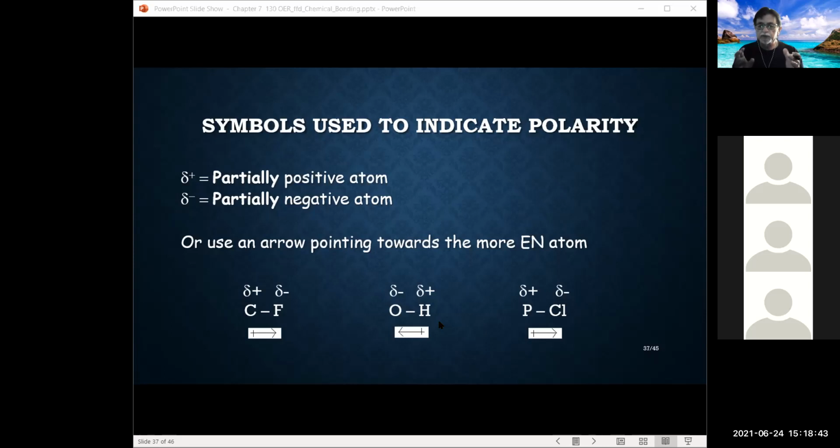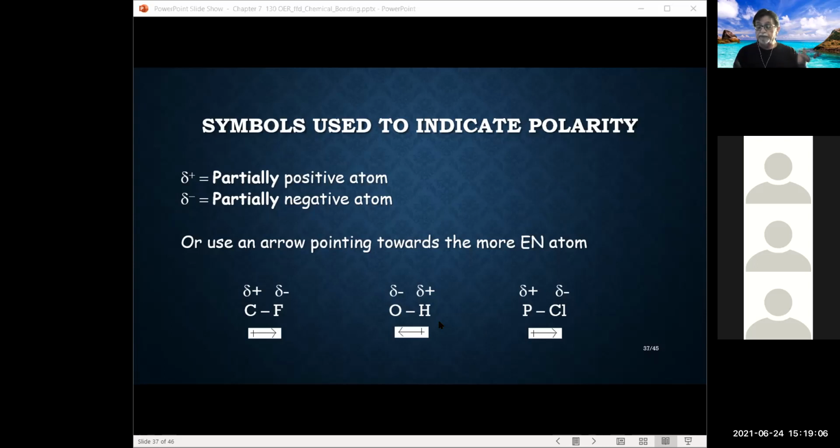Now the next thing is, where are the electrons? Where is the partial positive and the partial negative in that bond? That is determined by the electronegativity and their position relative to fluorine. So if we look at carbon fluorine, we just stated fluorine is the most electronegative element there is.